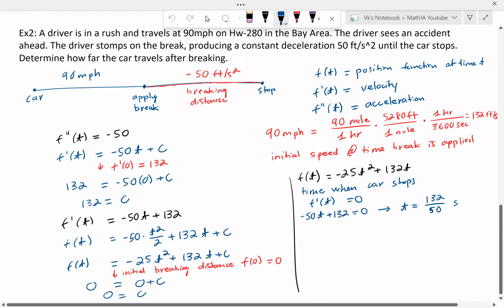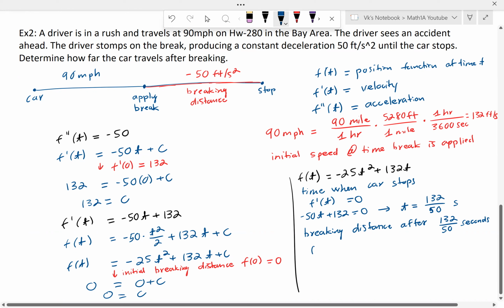And when we know the time the car stops, we know the braking distance. Braking distance after 132 over 50 seconds.